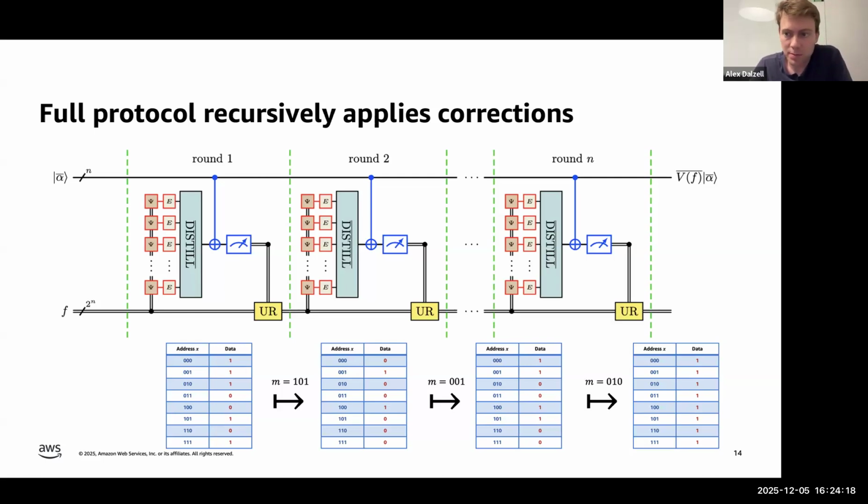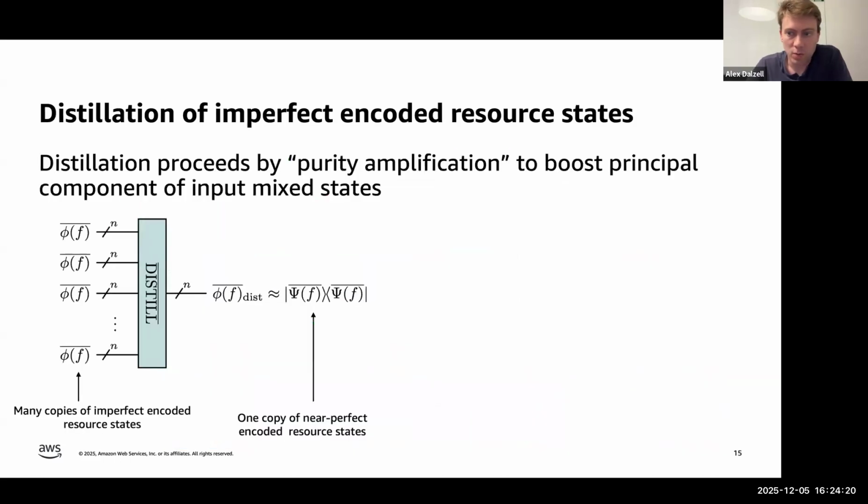And for the distillation step, the idea is we will leverage results for quantum purity amplification, which solve the task of purifying many copies of an unknown quantum state. So why is that relevant for us?